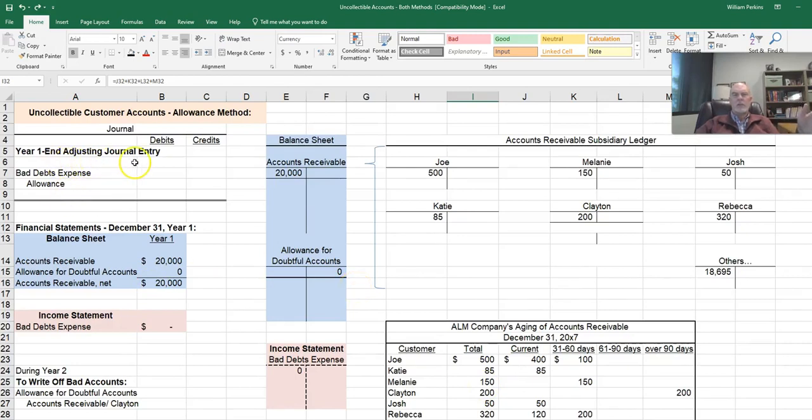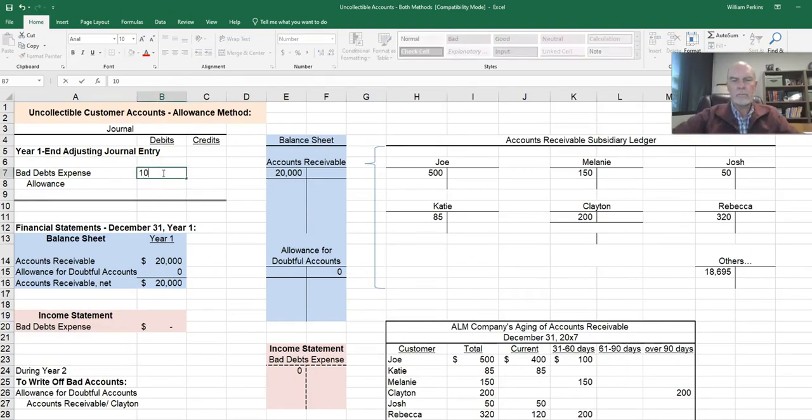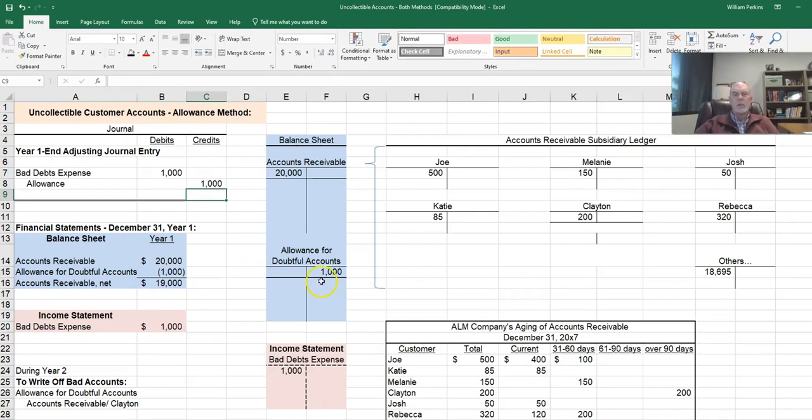This is an end-of-year adjusting entry. We're going to debit bad debt expense for the $1,000 and credit this allowance account, which is a contra asset account. These two accounts, accounts receivable and the allowance account, go hand in hand.